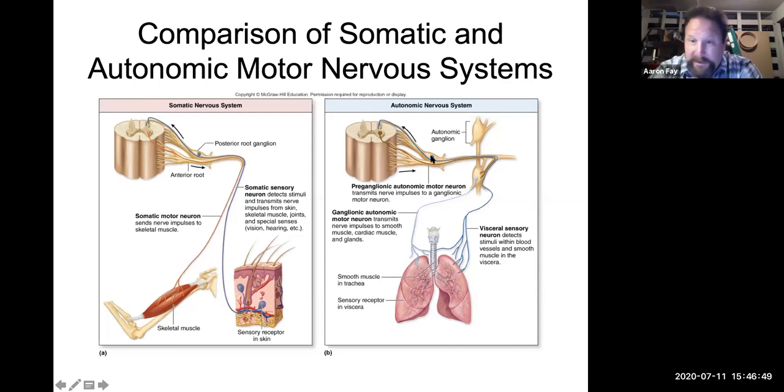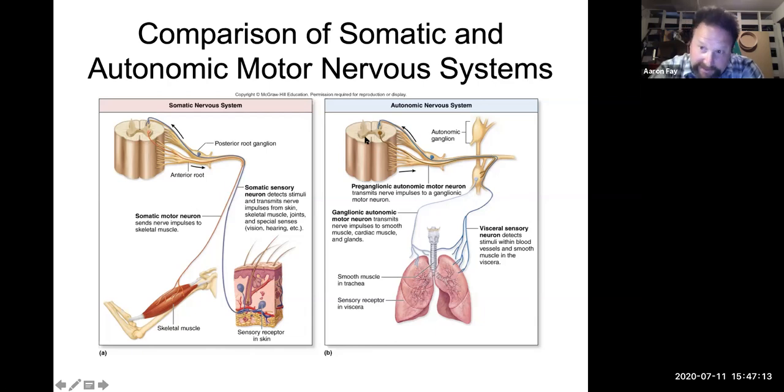Remember, the posterior gray horn still contains the cell bodies of somatic and visceral sensory neurons. Its axon, again, projects into the posterior gray horn. So the visceral sensory neuron and the somatic sensory neuron are the same. Just one controls things you're conscious of, one you're not.